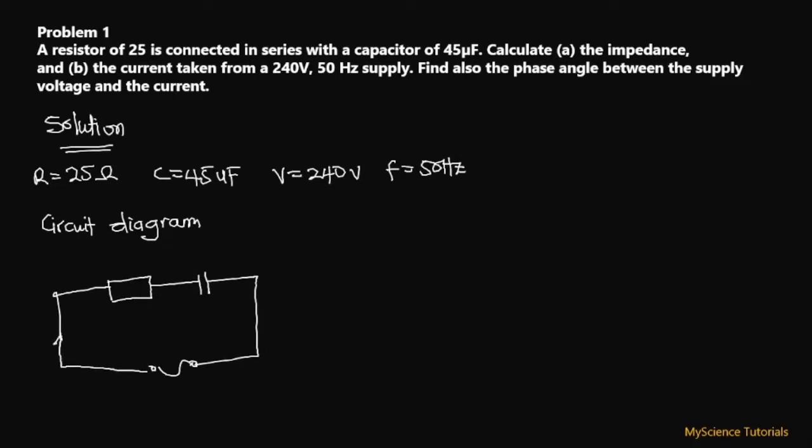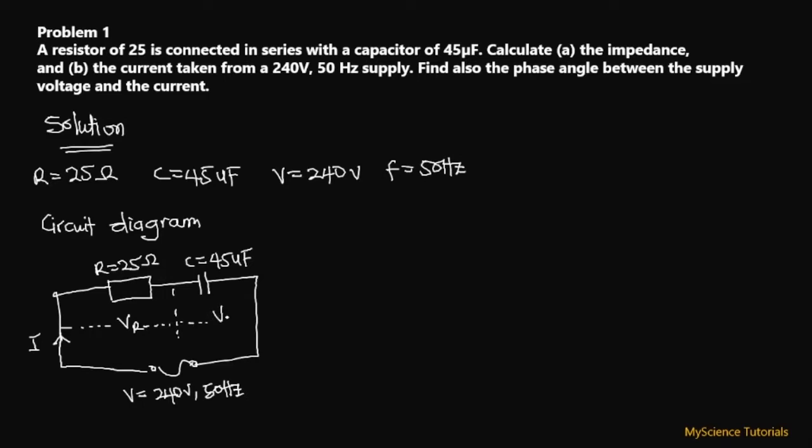My current is over here, I don't know it. My applied voltage is 240 volts and the frequency is 50 hertz. My capacitance C is 45 microfarad. My resistor has a resistance of 25 ohms. Then we have our VR over here.